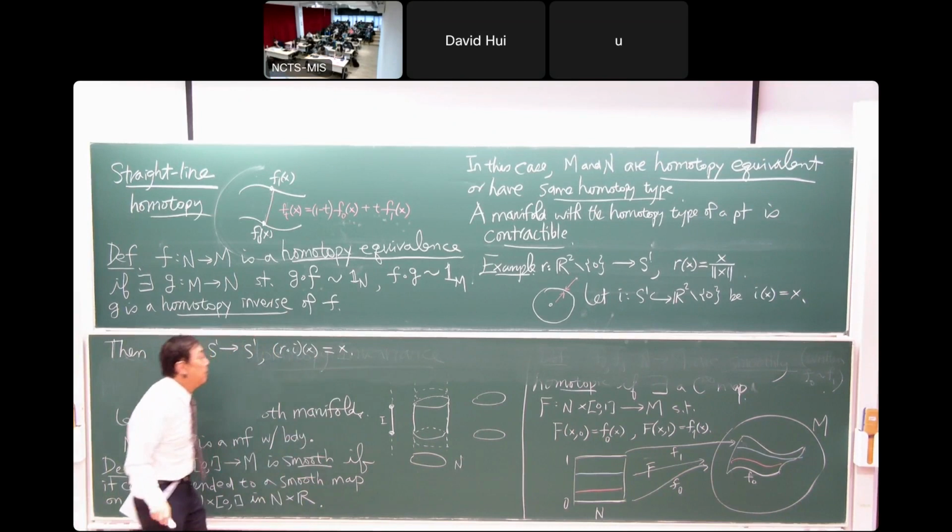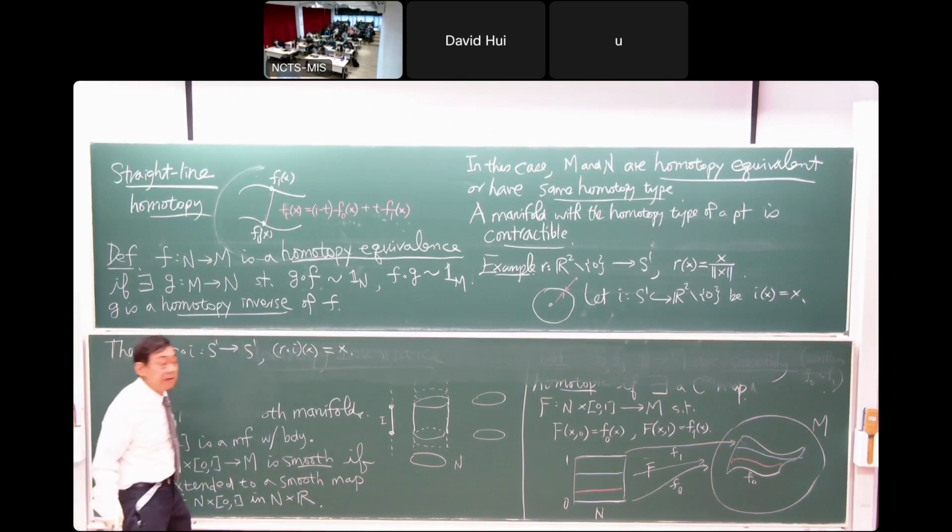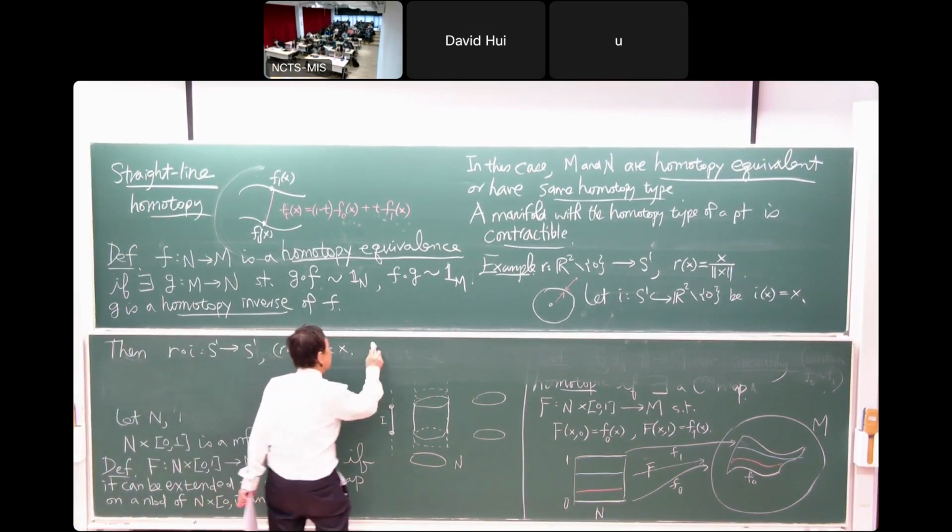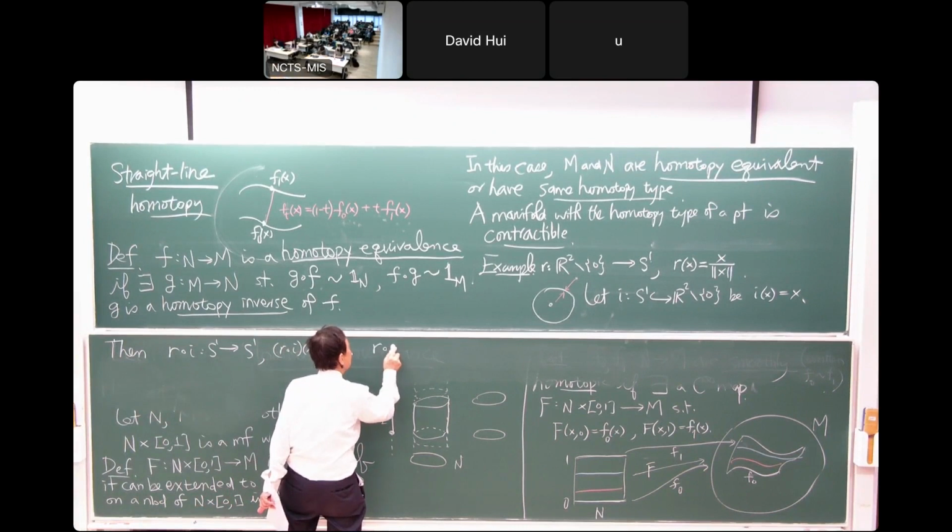So R composed with I is the identity on the circle.